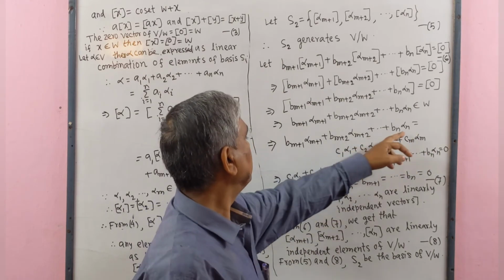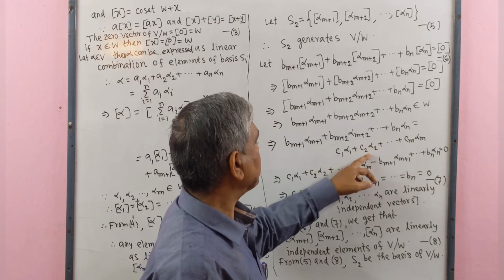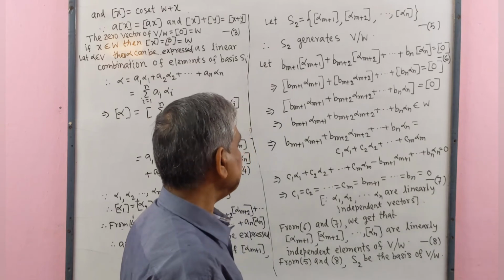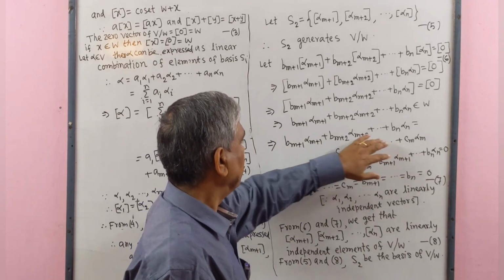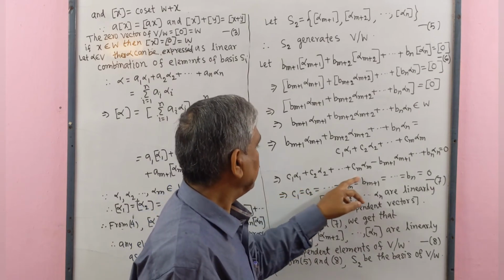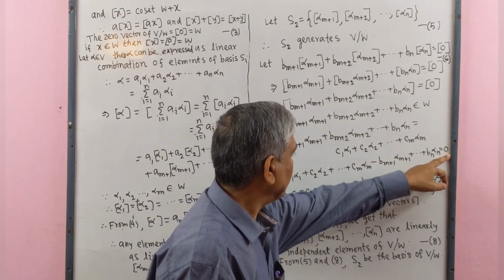So this equals c1 alpha 1 plus c2 alpha 2 plus dot dot dot cm alpha m. We take all these to one side, and this equals 0.